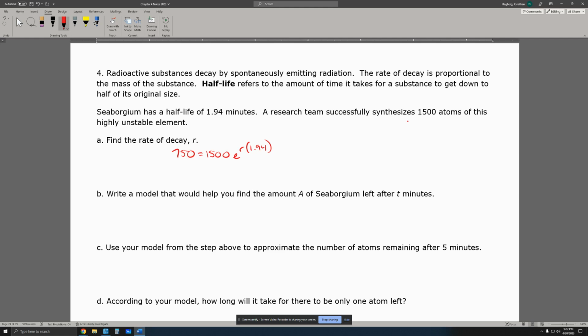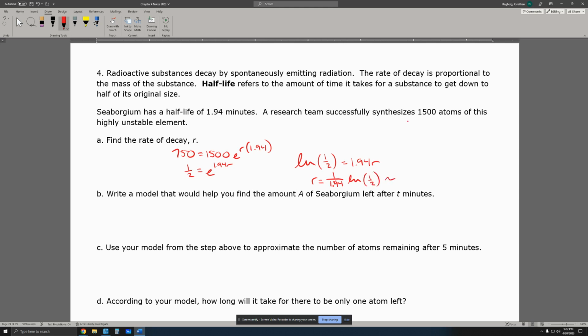Dividing both sides by 1,500, we get 1/2 equals e to the 1.94 R. And so then the natural log of 1/2 is equal to 1.94 R, where R is equal to 1 over 1.94 times the natural log of 1/2.